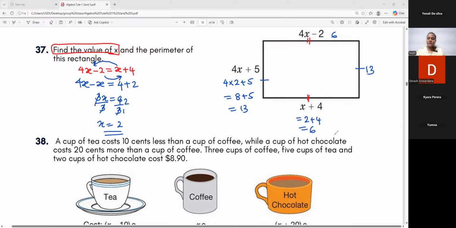Then 6 plus 6 is 12. 13 plus 13 is 26. Add them. Perimeter equals 6 plus 6, 12, plus 13 plus 13, 26. 2 plus 6 is 8. 1 plus 2 is 3. 38. They haven't given any unit, so we can write only the value 38.